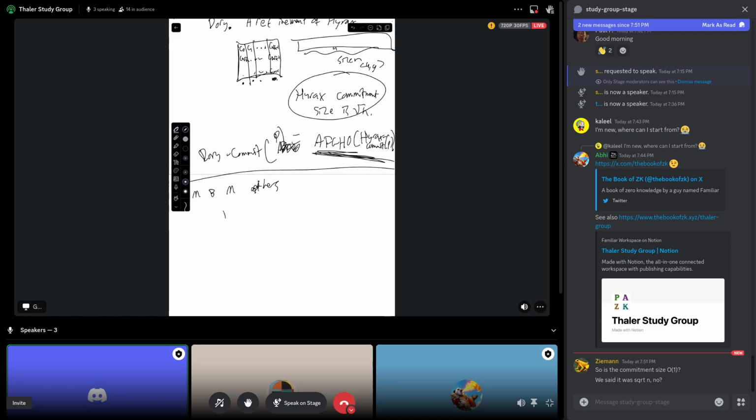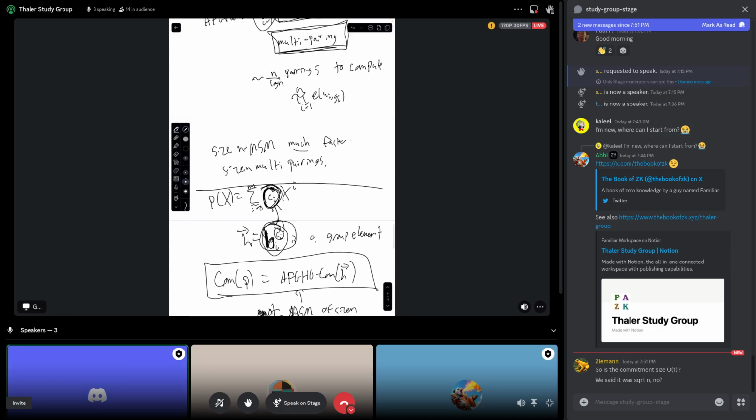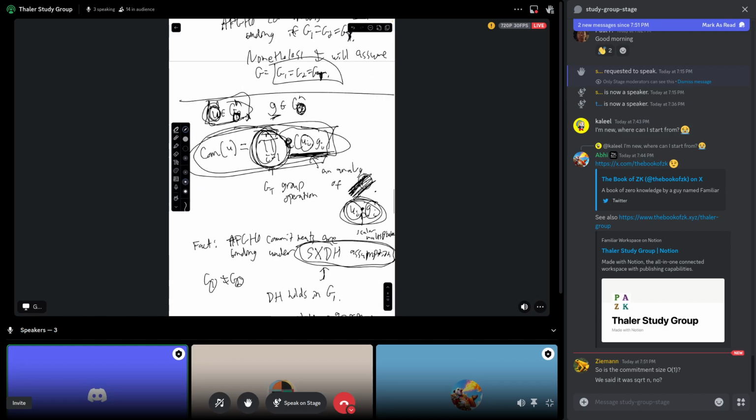The paper has the term inner pairing product in the title. Inner pairing products refer to these AFGO commitments. We think of this as an inner product, so you would just call this U inner product G, where now the pairing is providing you with a notion of multiplication.